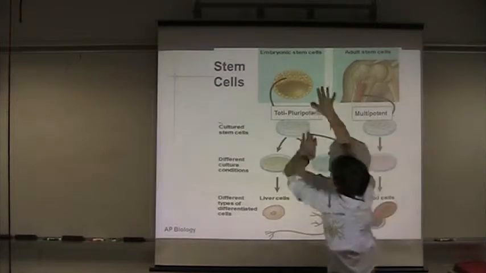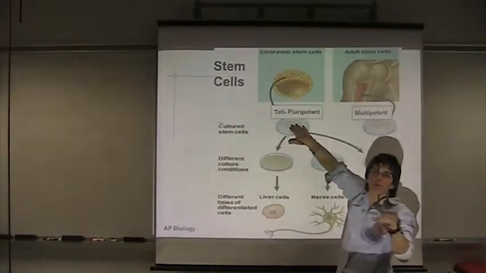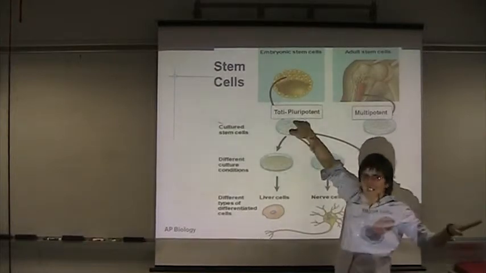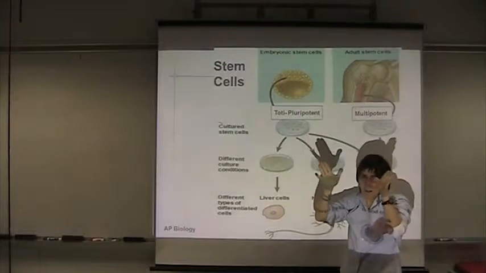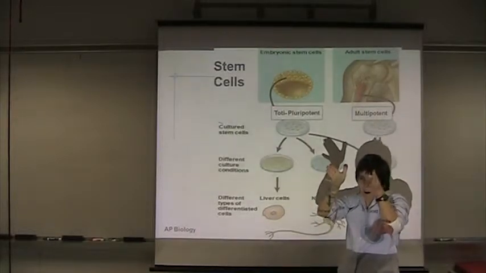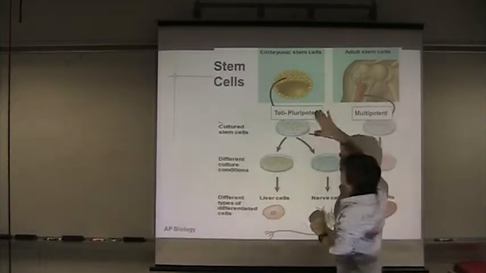If I have my blastula here and I remove these cells: totipotent means that they can become absolutely anything. Pluripotent means that they have already a few genes turned off and they're a little bit more limited, but still good enough.